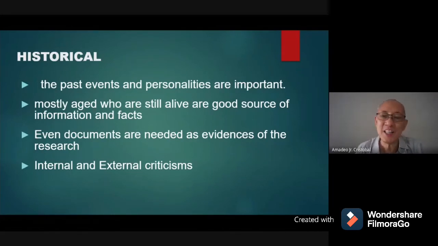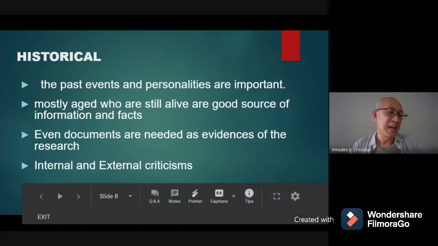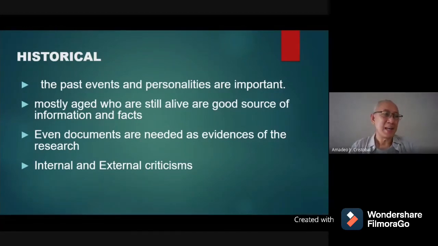And then for internal criticism, you go through the data and read it, and if after reading the data you are convinced that the data are true and factual, then that is called internal criticism.